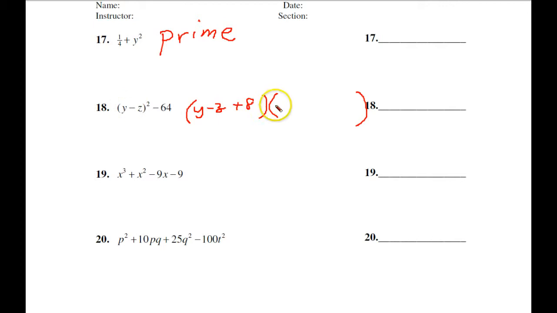And then this same thing, y minus z minus 8. And believe it or not, that's the answer. Again, it's a little tricky, but think of this as a, that's a, and then plus 8 minus 8, and a is y minus z.